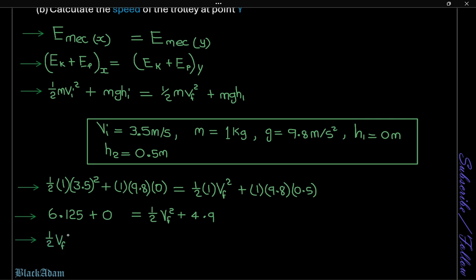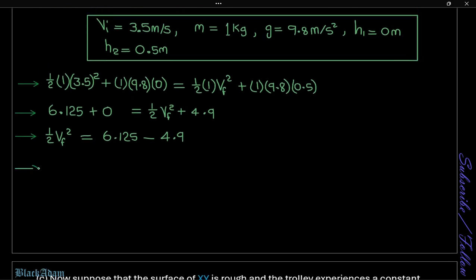Then half v final squared is equal to 6.125. We take the 4.9 to the left side, so it becomes negative 4.9.